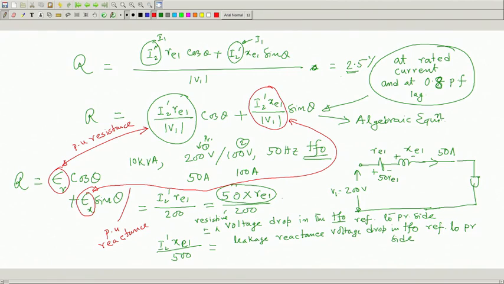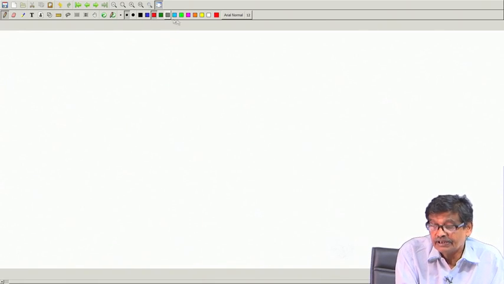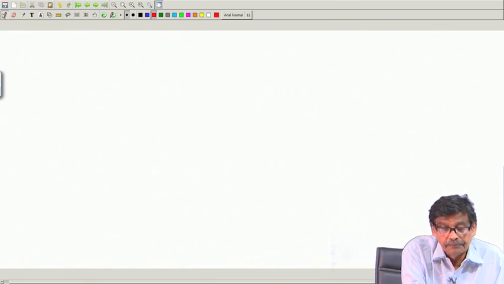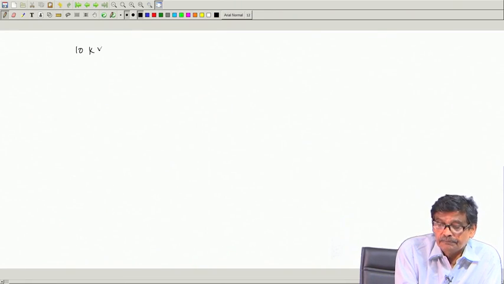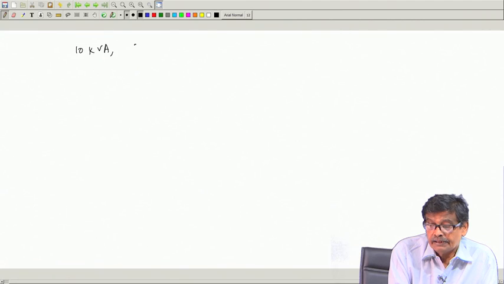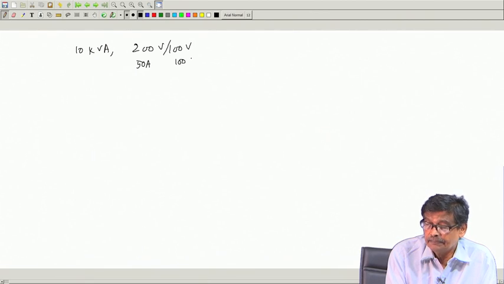In numbers, suppose for this transformer, I will just tell this and go. Suppose I say it is a 10 kVA transformer, 200 volt by 100 volt, 50 hertz, etc., and rated current I know is 50 ampere, this side rated current is 100 ampere.